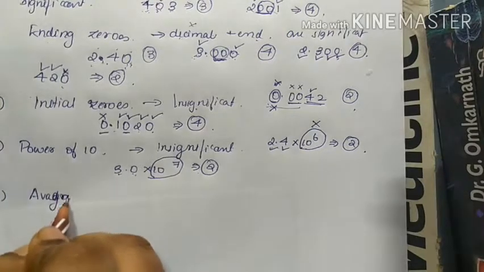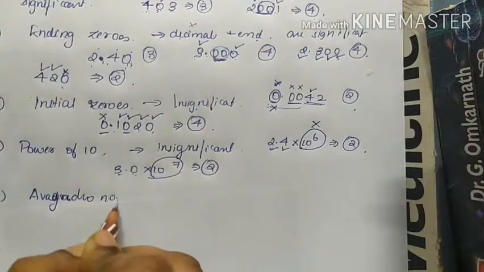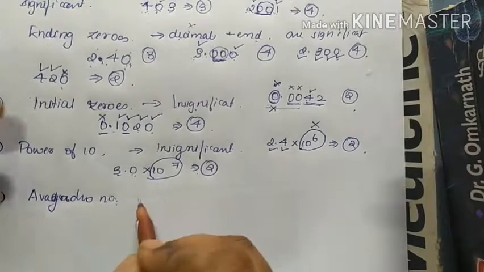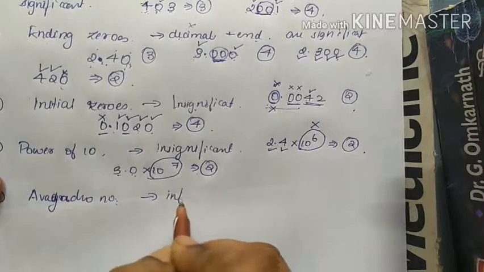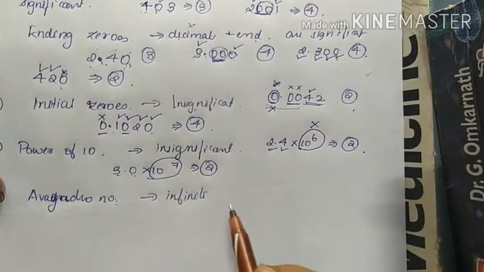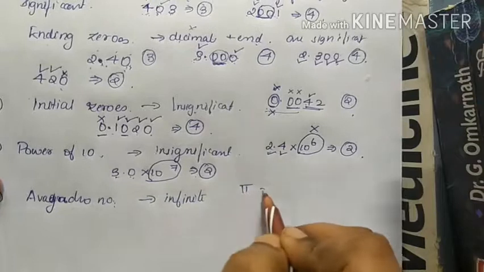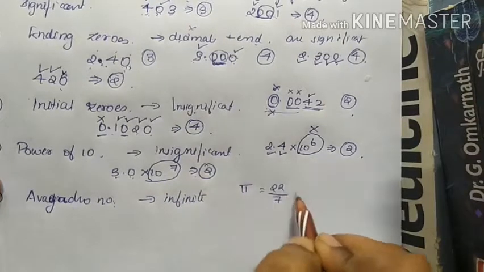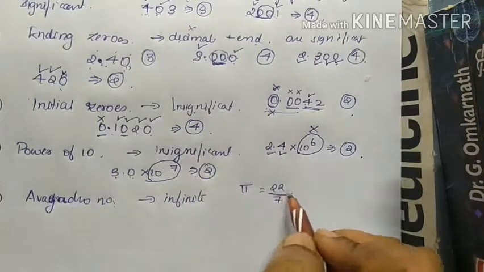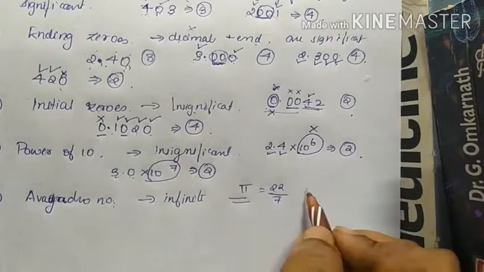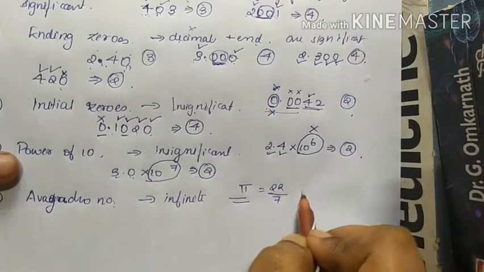So it has infinite significant figures. Pi, right? 22 by 7. Even if you can find the decimal values, pi is a constant, so it has an infinite number of significant figures.